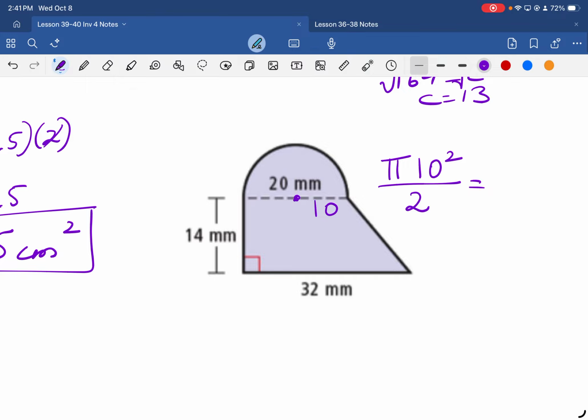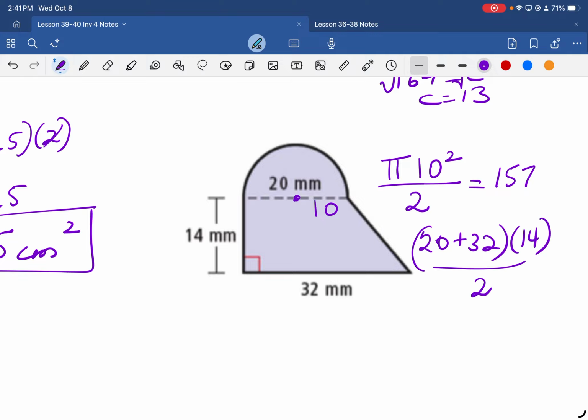So when we plug that in our calculator, we get 157. Now, I don't know if you remember this, but the formula for a trapezoid, which is what this is right here, is where you add the bases times the height and divide by 2. So we have 20 plus 32 times the height of 14, divide by 2, and that comes out to 364.